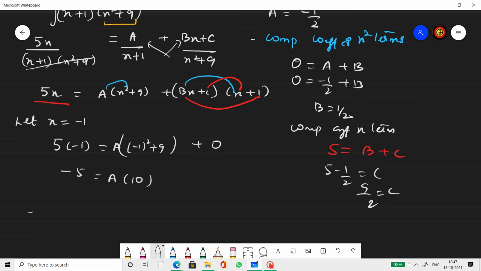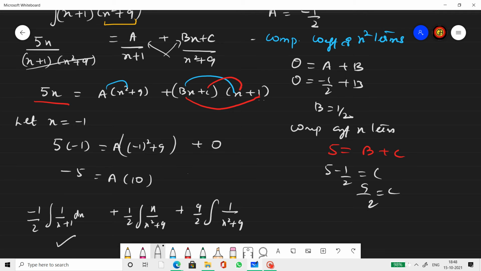We get minus half integration of 1 by x plus 1 dx plus B is a half integration of x by x square plus 9 and C is 9 by 2. So that means plus 9 by 2 integration of 1 by x square plus 9.